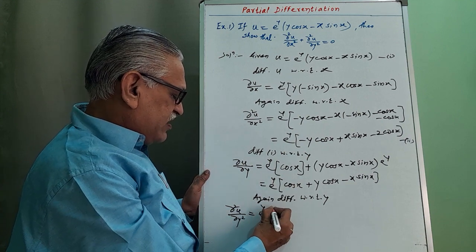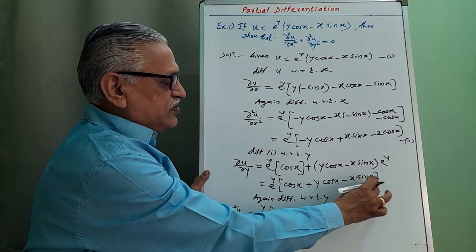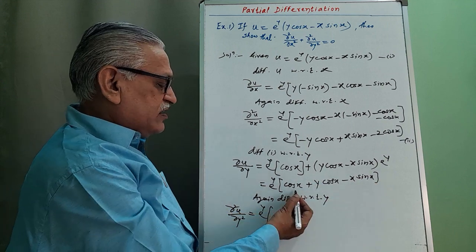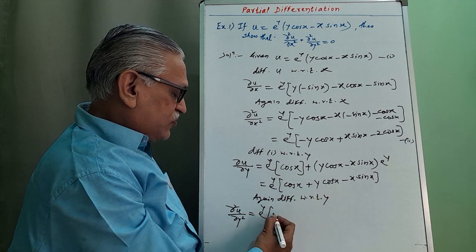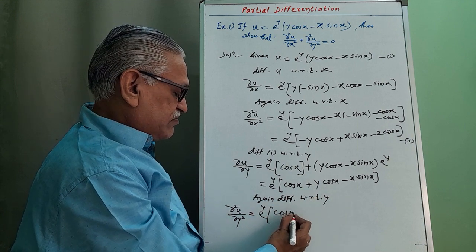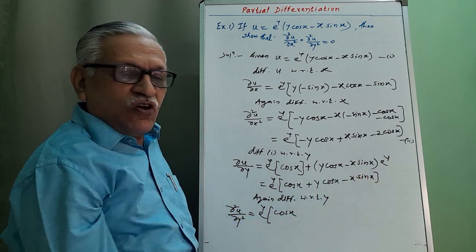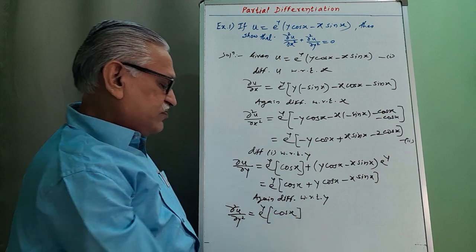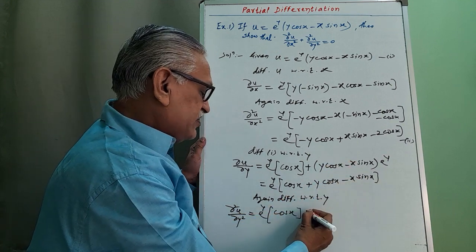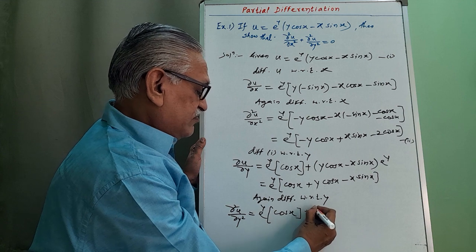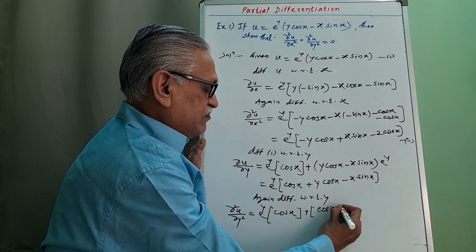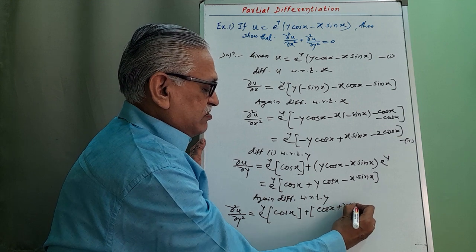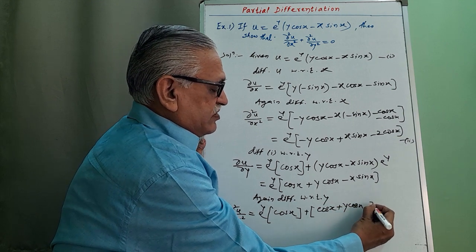First term e raised to y. Derivative of this second term with respect to y: constant term's derivative is 0, derivative of second term is cos x, x sin x is a constant term, its derivative 0. Plus second term as it is, cos x plus y cos x minus x sin x.